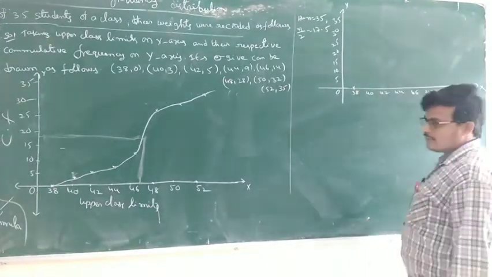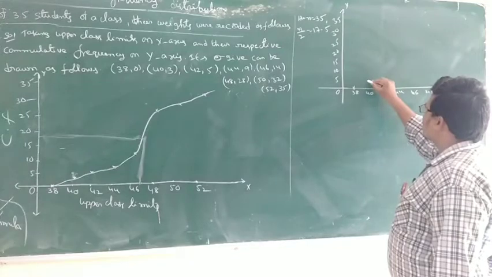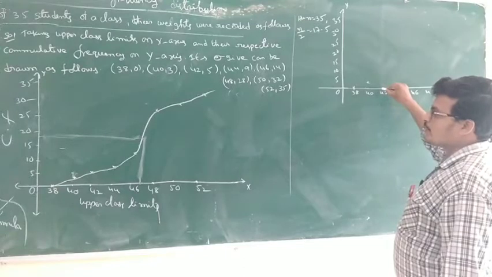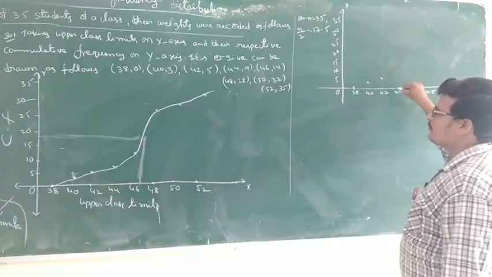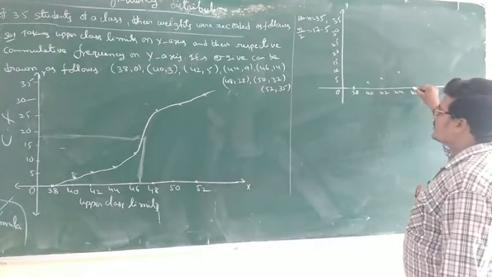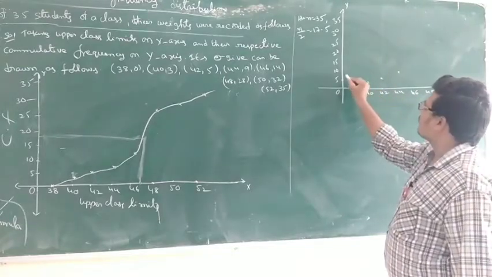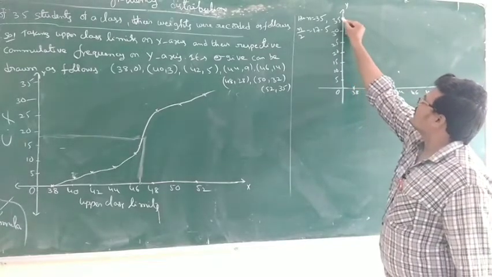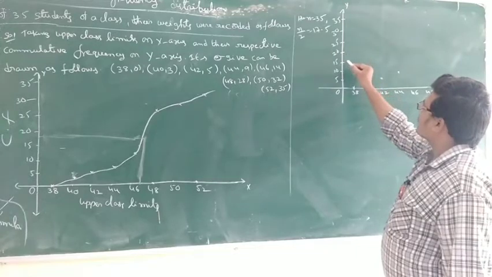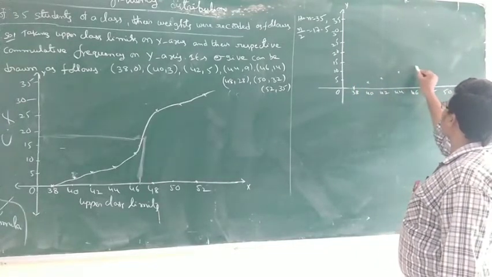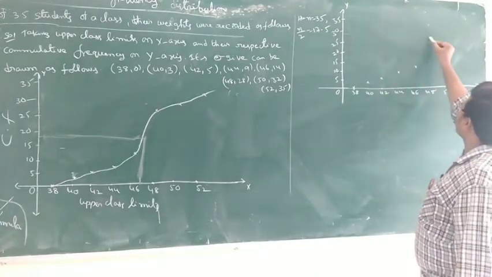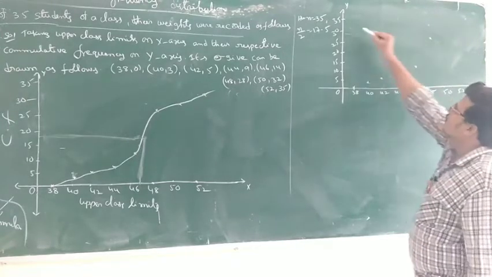Once again I will read the graph. 43 means this is 43, 42.5, 44, 9, this is nearly 44, 9, this is 46, 14, this is 48, 28, this is 50, 32.